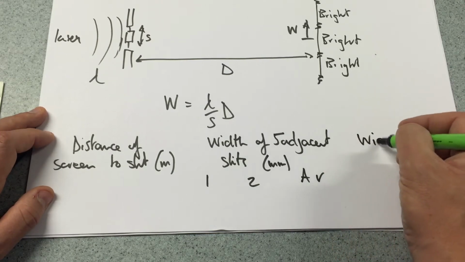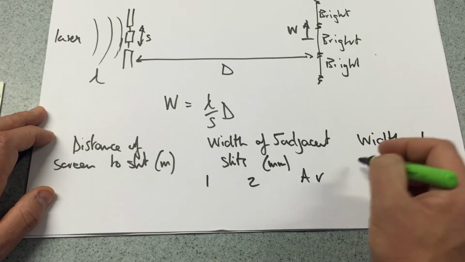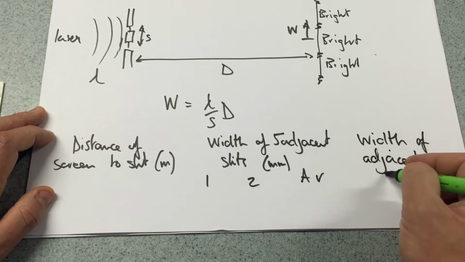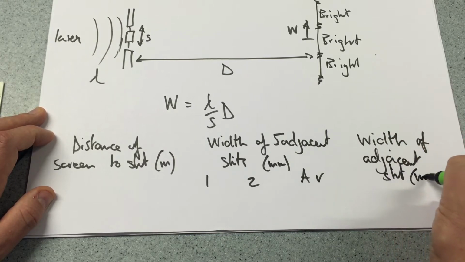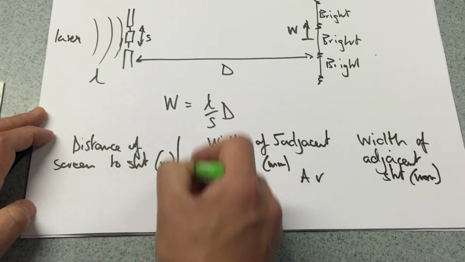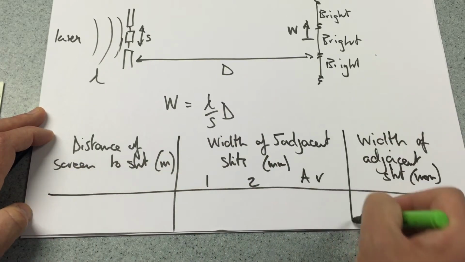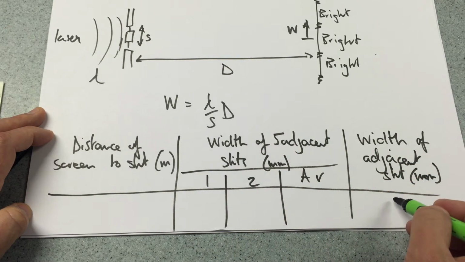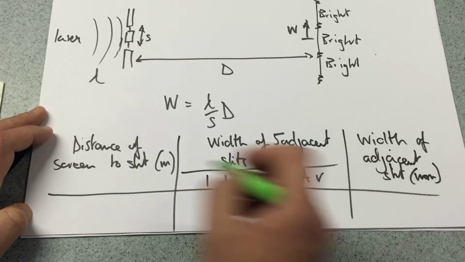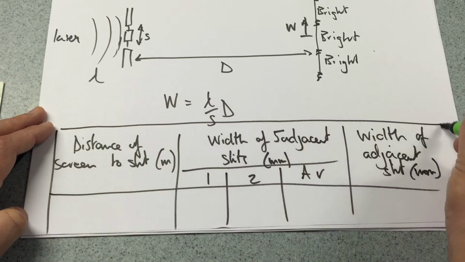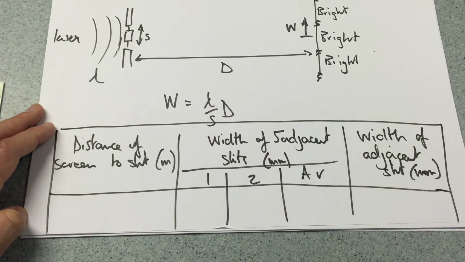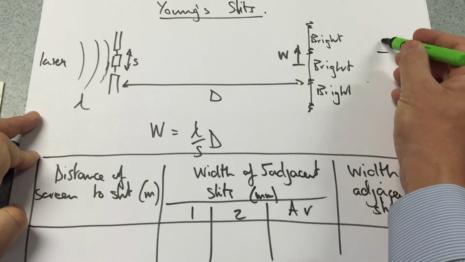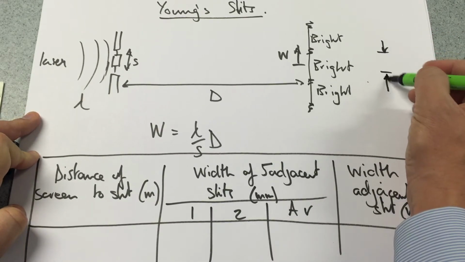And then, of course, finally, the width of an adjacent patch in millimetres, by merely dividing this average by 5. So there is the table of our results. It seems a very straightforward experiment. The problem is how small this value is.